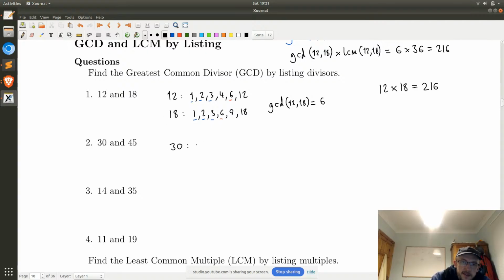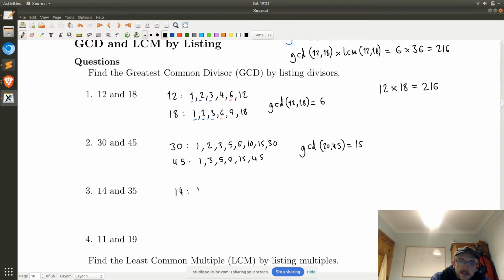So for 30, we have 1, 2, 3, 5, 6, 10, 15, and 30. And for 45, we have 1, 3, 5, 9, 15, and 45. And therefore, their GCD is 15.